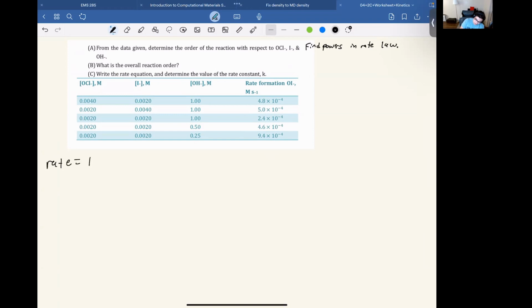So if we write our rate law, we get rate is equal to K times the concentration of OCl minus to some power. I'm just going to write A. You can use whatever you want, obviously, it doesn't matter. It's just a placeholder.